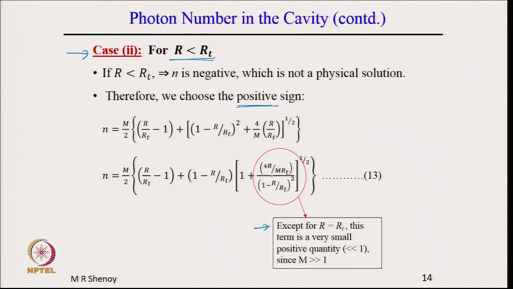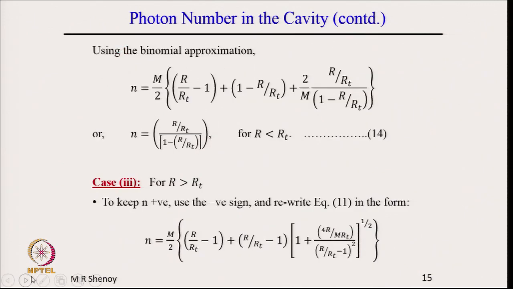Therefore we use (1 plus x) to the power half. When x is much less than 1, for any n, (1 plus x) to the power n is simply 1 plus nx, so here 1 plus x by 2. If we apply that, note these two numbers cancel, using the binomial expansion, and what we are left with is the last term, with 1 by 2 outside and 1 by m outside.